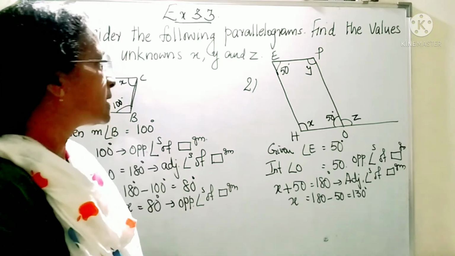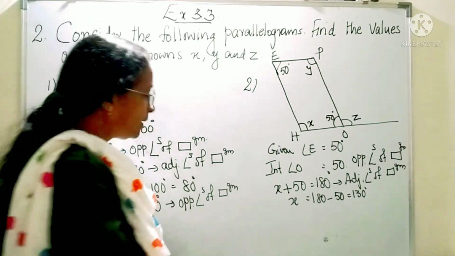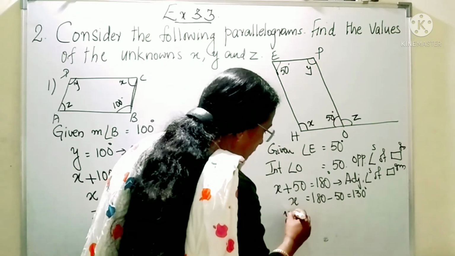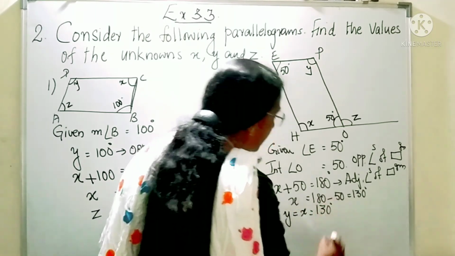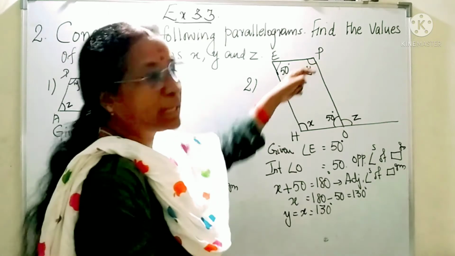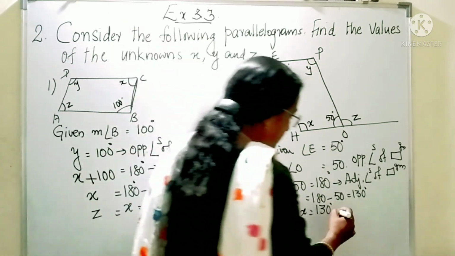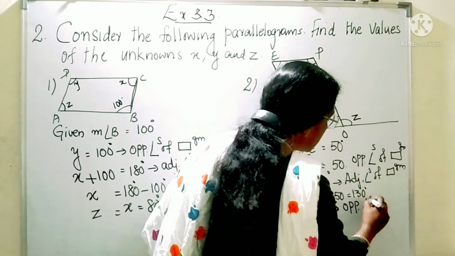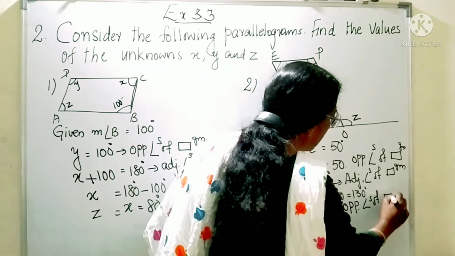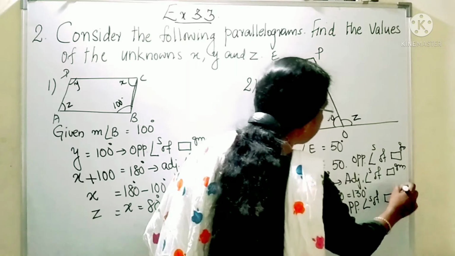So we got X. Now how to find out Y? Y is equal to X, which is equal to 130 degrees. What is the reason X and Y are equal? Opposite angles of parallelogram.